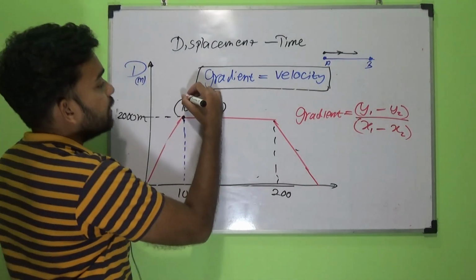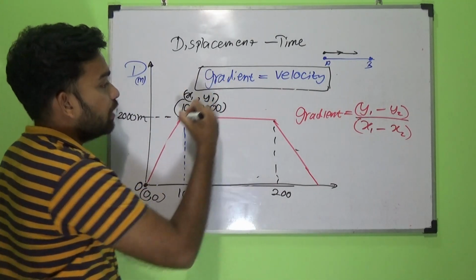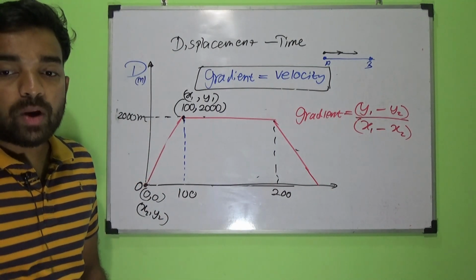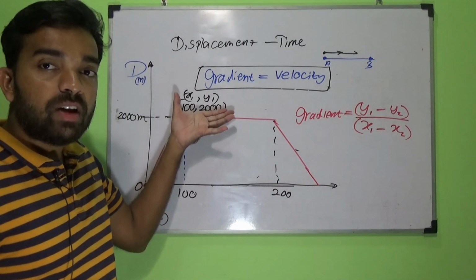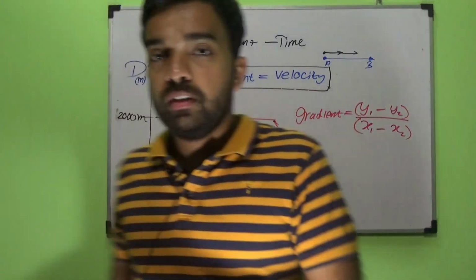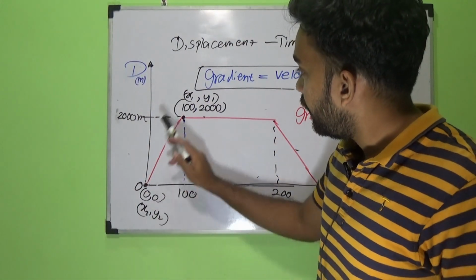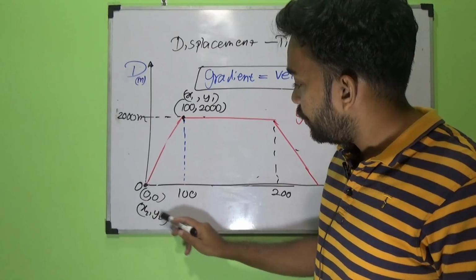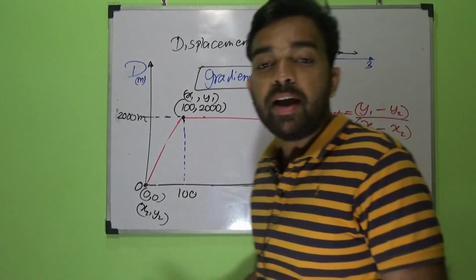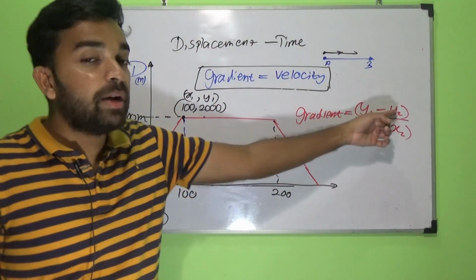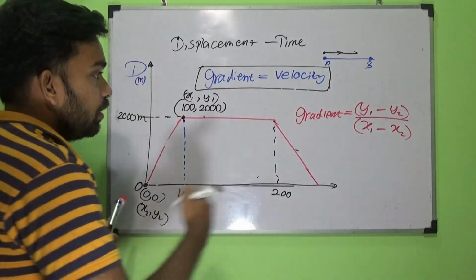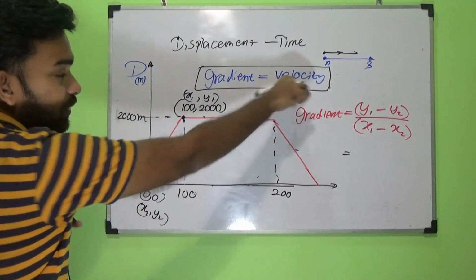I'll take the first as x1 y1 and the second as x2 y2. So the gradient equals y1 minus y2 divided by x1 minus x2. Understood? Keep in mind the gradient equals velocity.